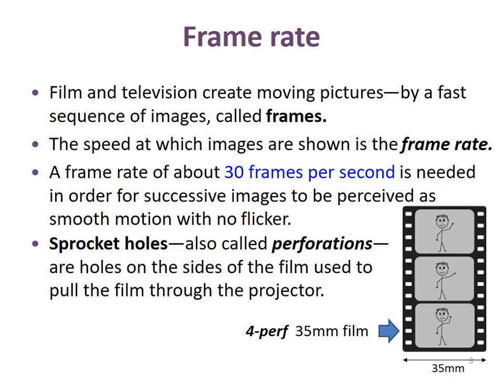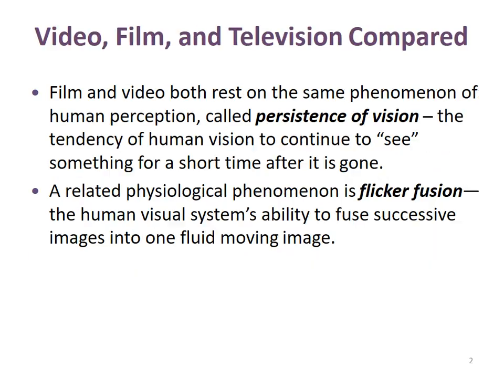For example, we can play 30 frames per second. So within 1 second, we can continuously display 30 different single frames, and this helps us to create persistence of vision or flicker fusion.